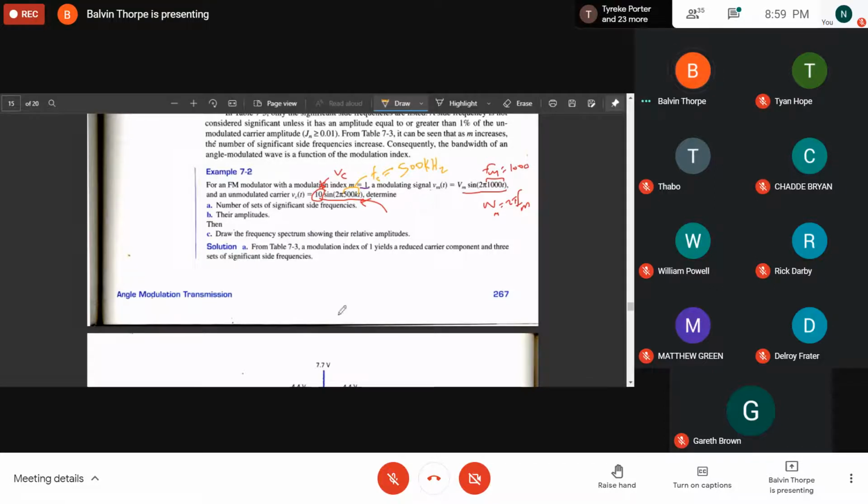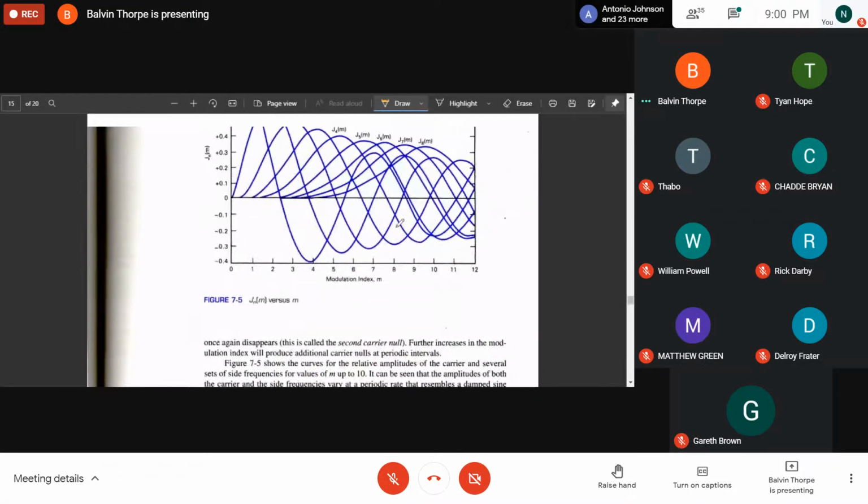Be that as it may, they want you to determine the number of sets of significant side frequency that will result from having this frequency modulated wave. We can do that from the table.